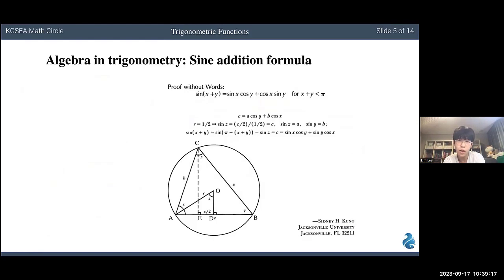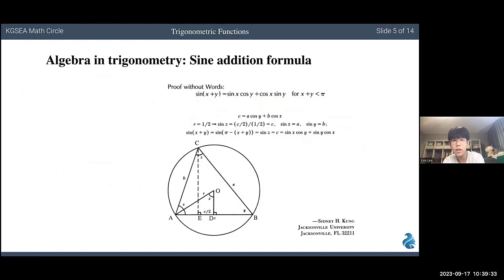Now, before we move on to some competitive problems, there are some basic formulas we should know. One of them is known as the sine addition formula, and I'll now explain this theorem with a proof without words solution by Sidney H. Kung of Jacksonville University.